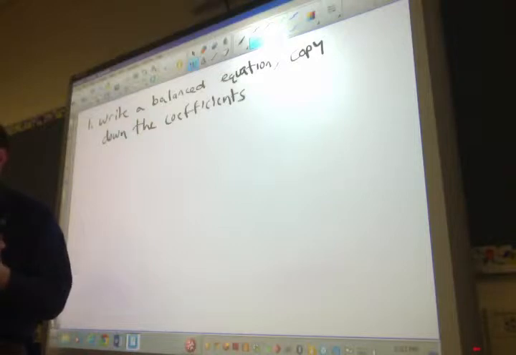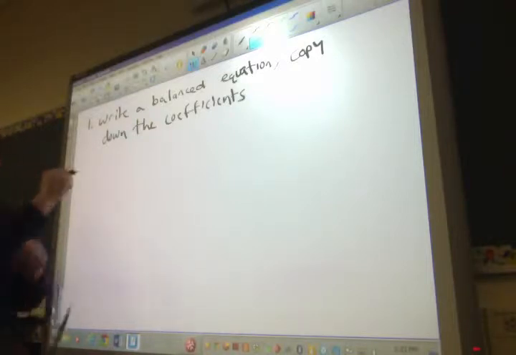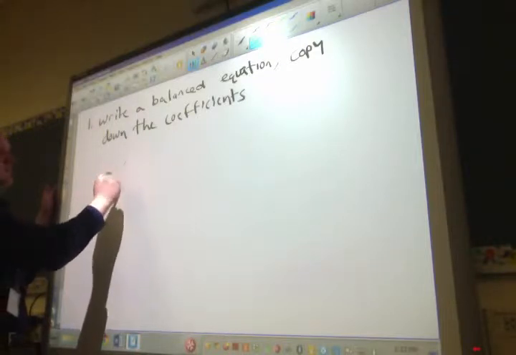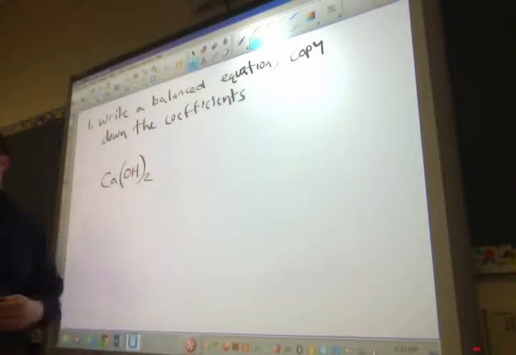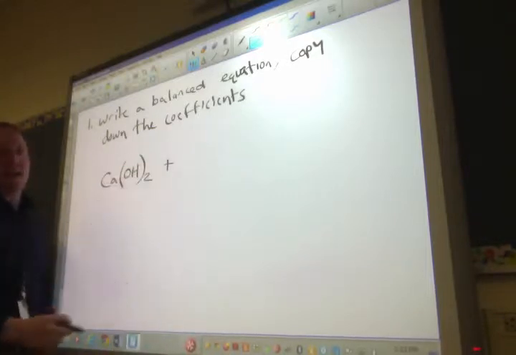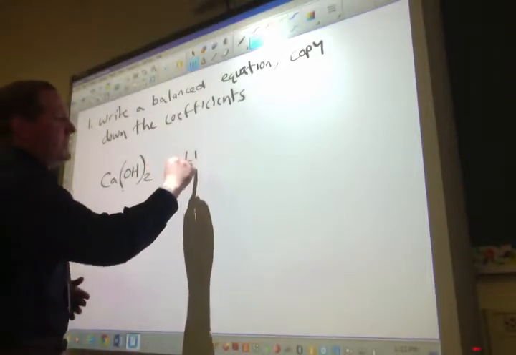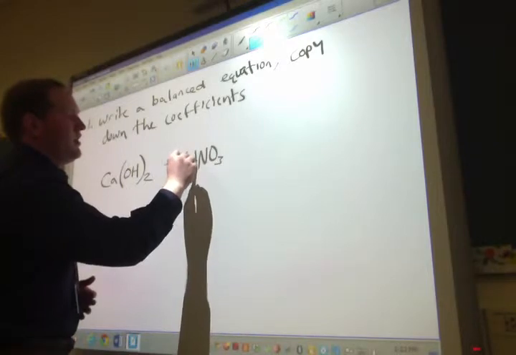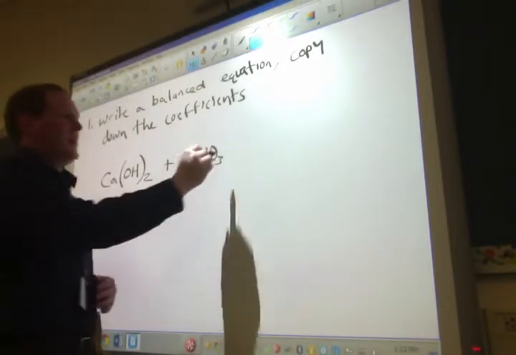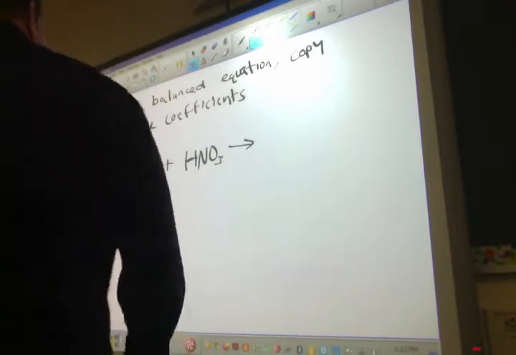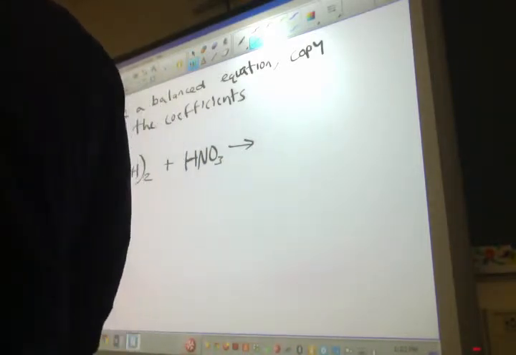So we had calcium hydroxide. Someone tell me the formula for calcium hydroxide. Ca(OH)2, very good. Calcium hydroxide reacts with nitric acid, which I told you is HNO3. It's also known as hydrogen nitrate when it's not aqueous. And that's going to form, well, let's talk about it.